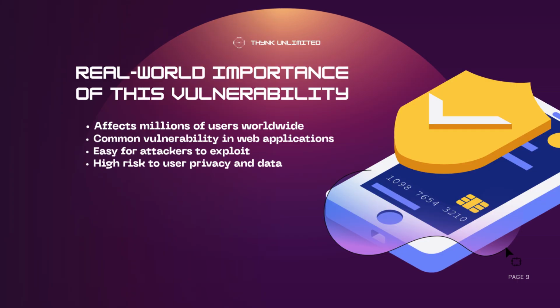This type of vulnerability is very important in the real world because it can affect millions of users at once. Many people rely on privacy settings to protect their personal information, and failures like this can lead to serious consequences. Broken access control is one of the most common and critical security vulnerabilities found in web applications today. Attackers often look for such weaknesses because they are relatively easy to exploit when proper security checks are missing.